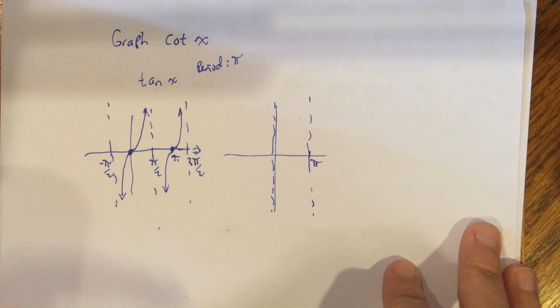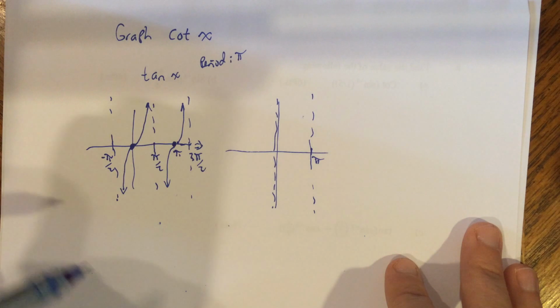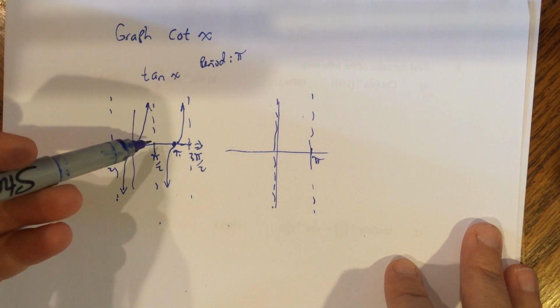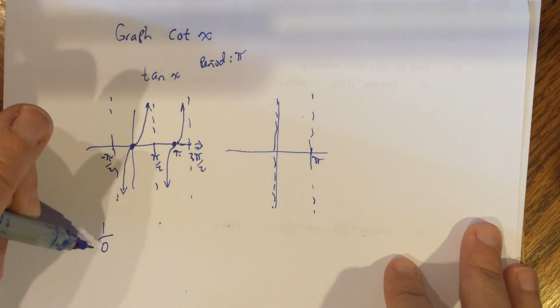So kind of like with secant and cosecant, we wanted 3 vertical asymptotes, because then we could graph the function pretty easily. Cotangent and tangent, I want 2 vertical asymptotes, because then I can figure out how it's going. Okay, so at pi over 2 in tangent, we had a vertical asymptote. If you remember from fractions, a vertical asymptote we got from when it was 1 over 0.